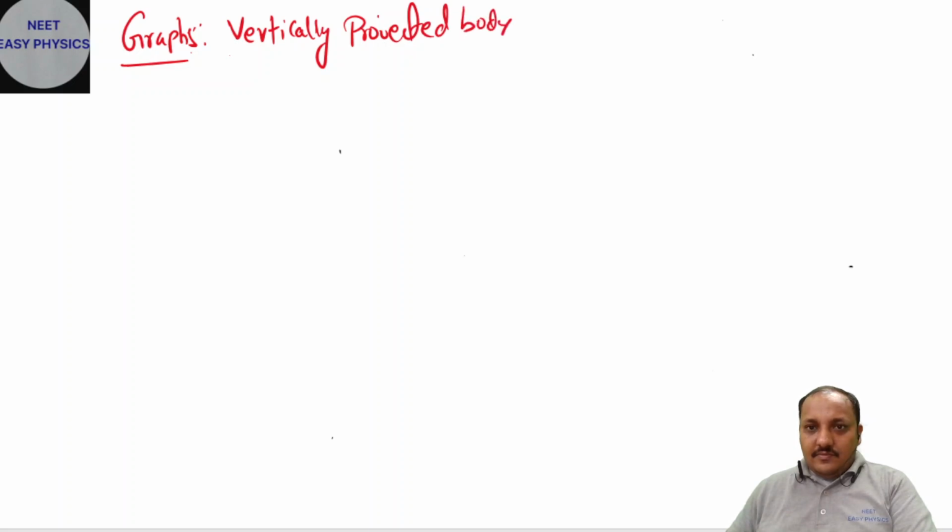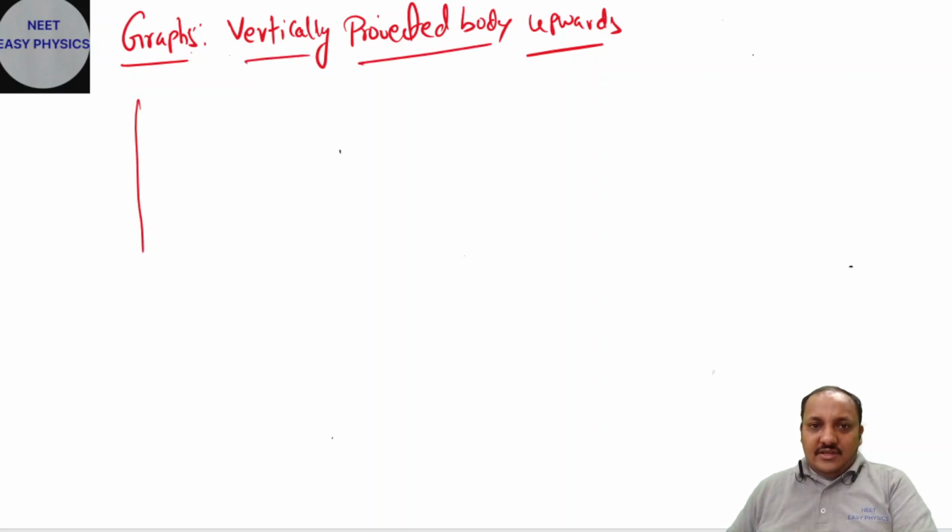In this class, we will discuss graphs. Already we were discussing how the graph is going to be drawn. But these graphs, in case of a vertically projected body upwards, how are the graphs going to be drawn?